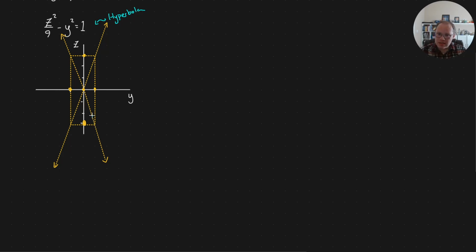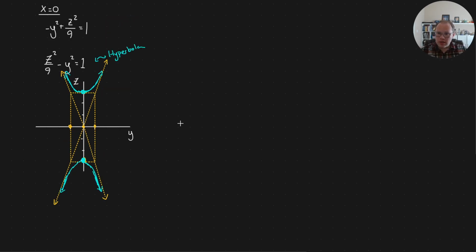Since the z is positive, I will be opening in the z direction, up and down. And then just draw your 2 parts of your hyperbola hugging the asymptotes. Okay, so looking at the YZ plane, that's what we're dealing with. Okay? All right, let's look at the next plane.